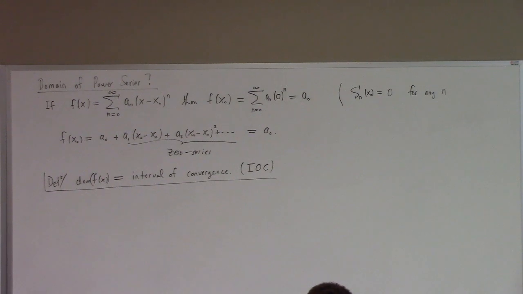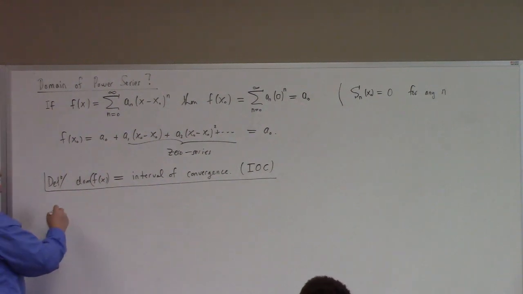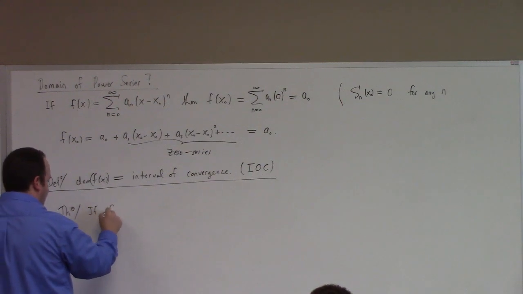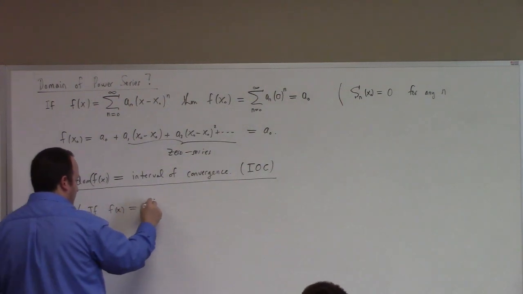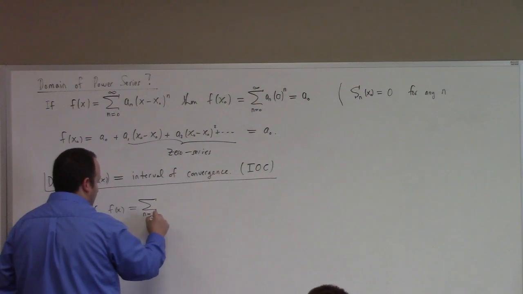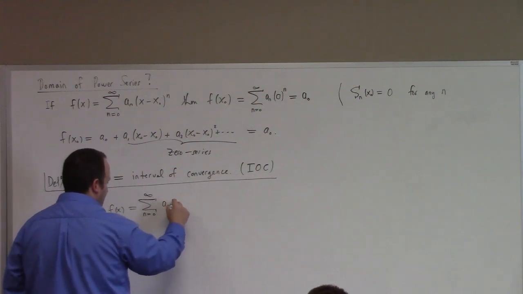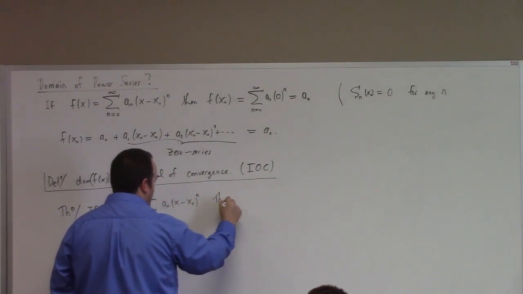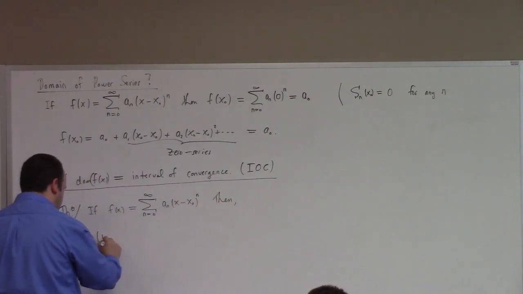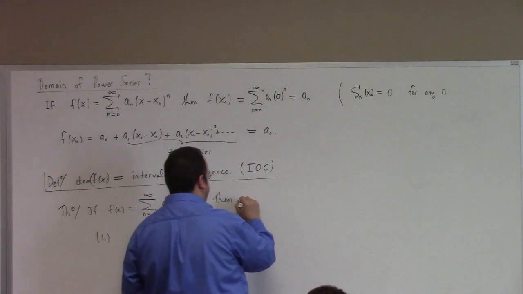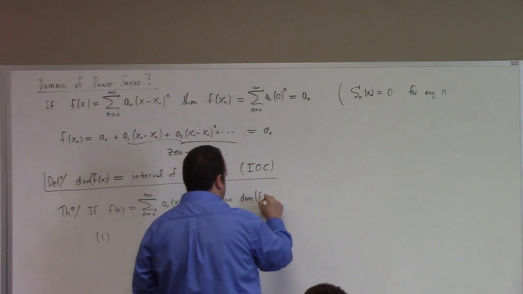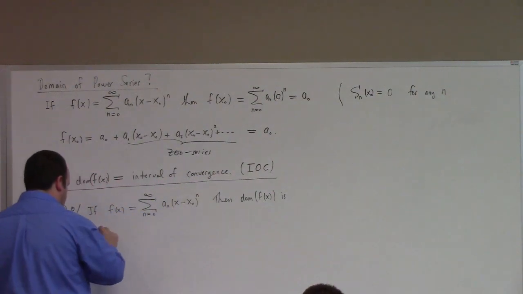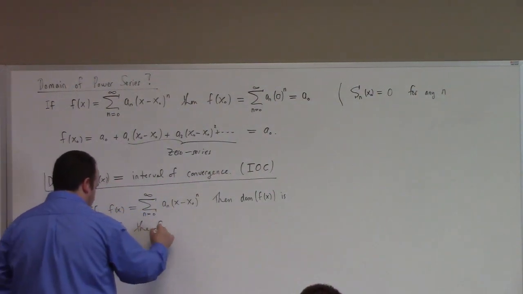But there's a theorem, and the theorem says this. If f of x is equal to the sum n equals 0 to infinity a sub n times (x minus x naught) to the n, then the domain of f of x is one of the following.